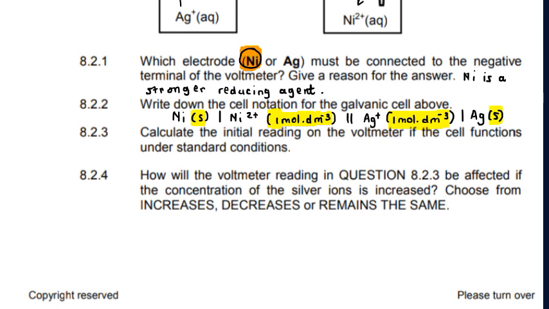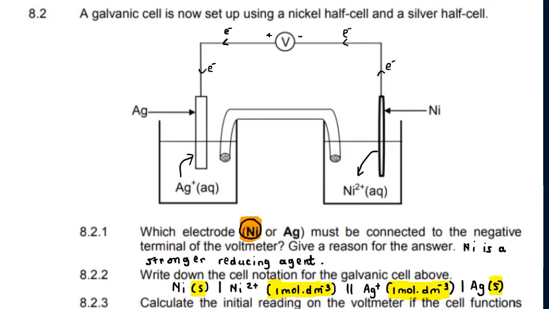So what they are saying is, what will happen if we increase the concentration of silver plus ions in this half cell over here? Basically the voltmeter reading will increase.